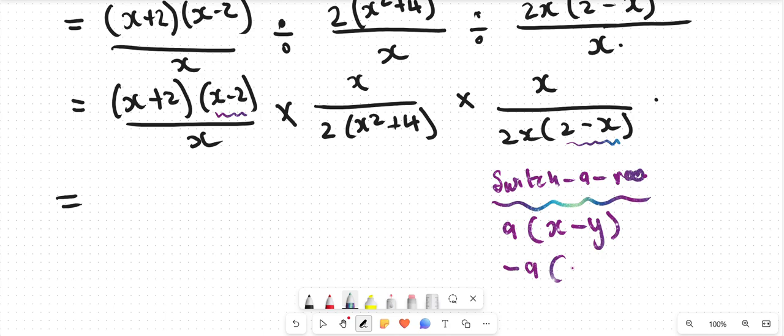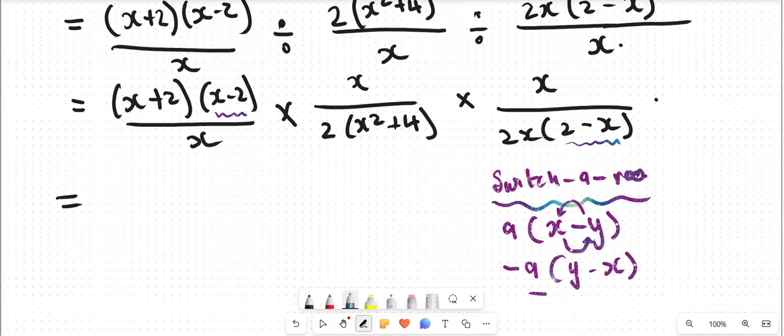It's now a negative, and I can swap those guys inside. So that's a mathematical thing that you need to know. It's a skill that you need to apply every now and then. So if you switch it, it looks like a y minus an x. And now, since you have a negative outside, you can easily cancel common brackets.